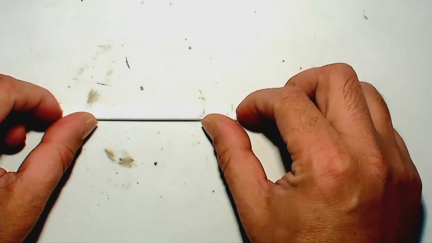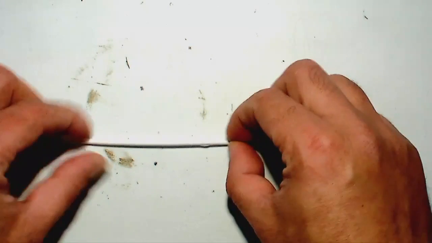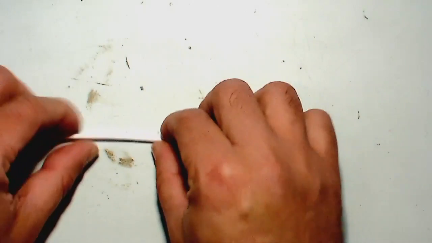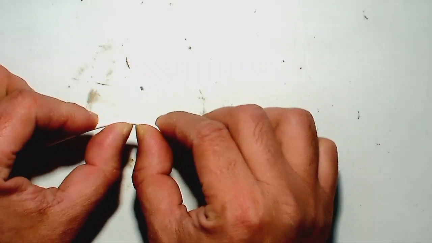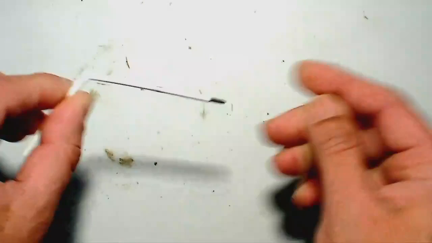So if I bend it a little bit, leave it, it comes back. But if I bend it hard enough, it doesn't come back to its original shape. So what happens is a permanent deformation forms. This metal bit forms a permanent deformation.